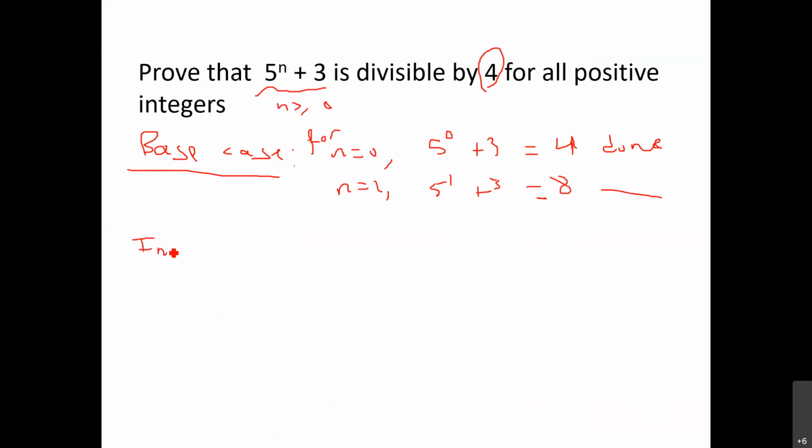the induction hypothesis, like we said, this is just a statement you have to say every time. Assume it's true for, let's say, this time n equals k. Induction step.